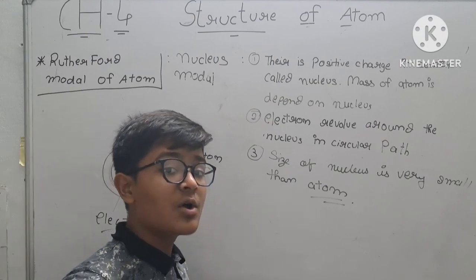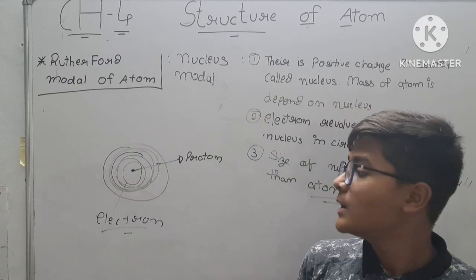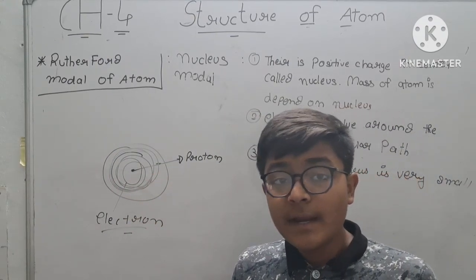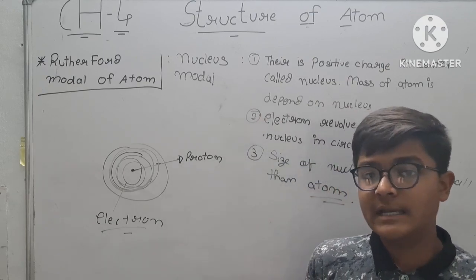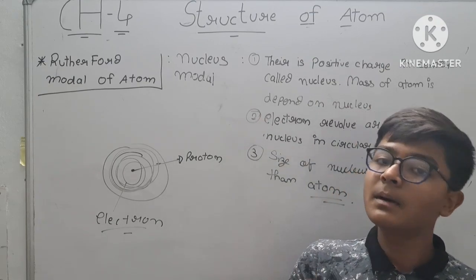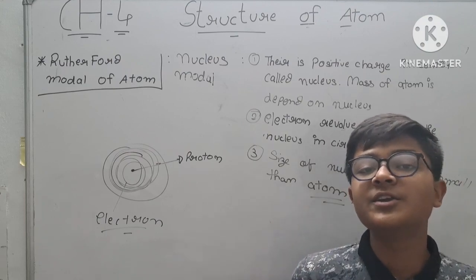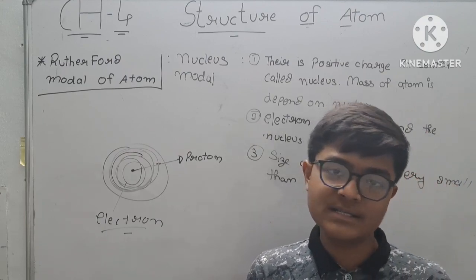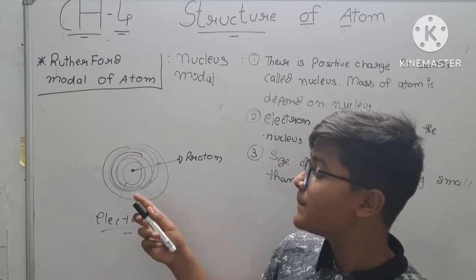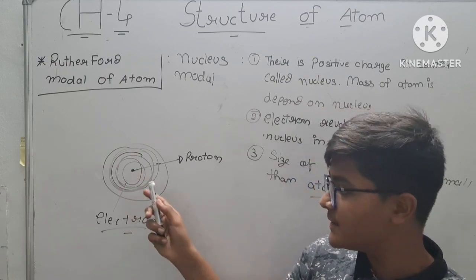So from that we know about the electron: the electron has negligible mass, but proton and neutron have one u mass, one atomic mass. So mass is dependent on the nucleus because protons are present in the nucleus.